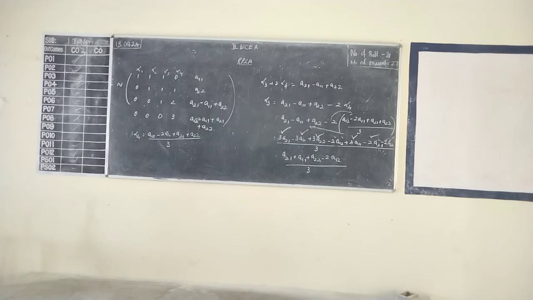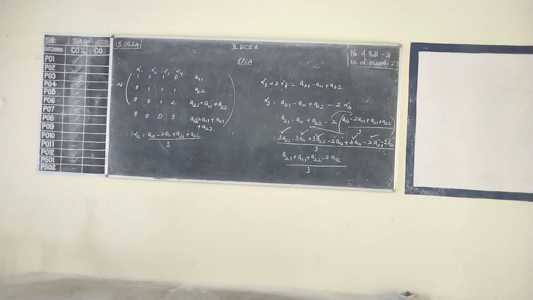I will repeat. The whole thing divided by 3. a22 plus a12 plus a11 minus 2a21, the whole thing divided by 3.